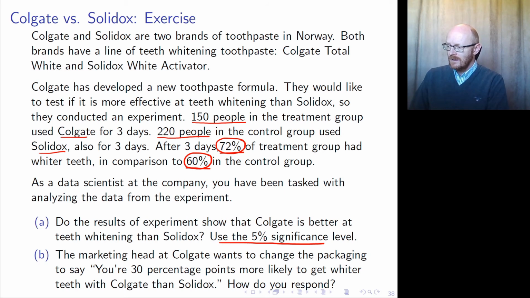But to say that you're 30 percentage points more likely to get whiter teeth with Colgate than Solidux is quite a strong statement, because then you treat this as the truth, but it's not.